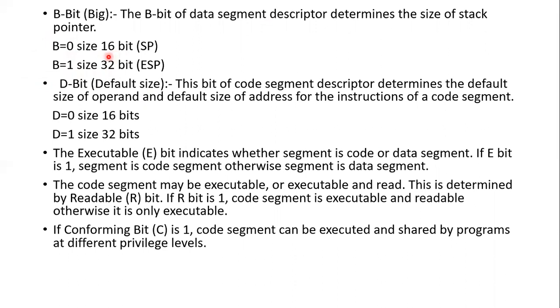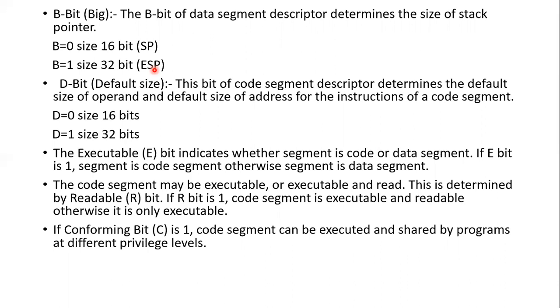So when it comes to 32 bit, what is the stack pointer called? ESP, extended stack pointer. As you know, the 80386 is a 32-bit microprocessor, and we have the expansion given as EFLAGS, E registers, EAX, EBX, the general purpose registers.